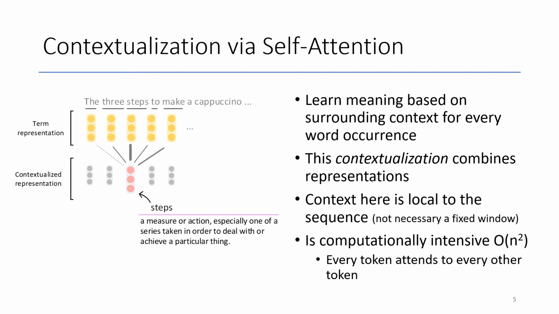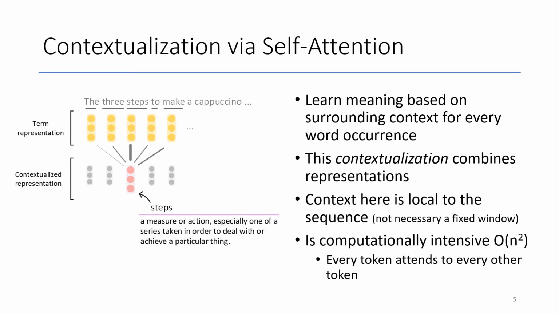So in this example here, the word step, if you only look at a term representation of step on its own, it can have many different meanings, and you probably are not going to pick this one. But with the contextualization, the word step here should correspond to the correct meaning.